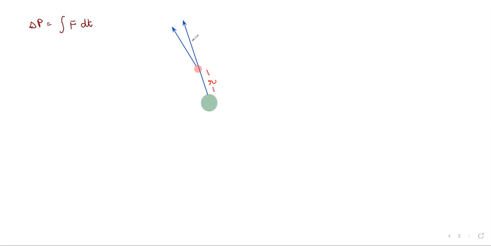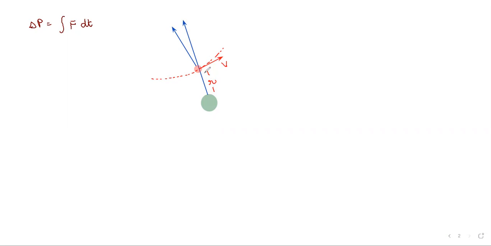At that instant, if you take the path like this, tangentially you will get some velocity here. This is the direction of velocity. I don't know the angle between the velocity and r. Here I can say one thing.